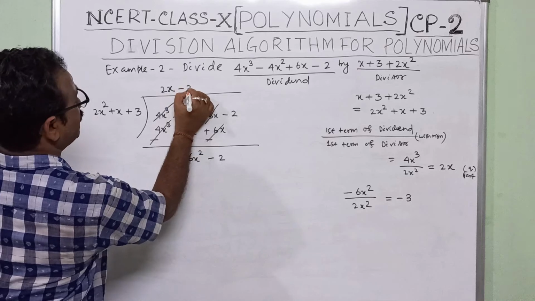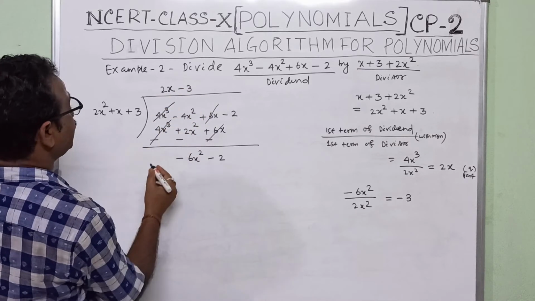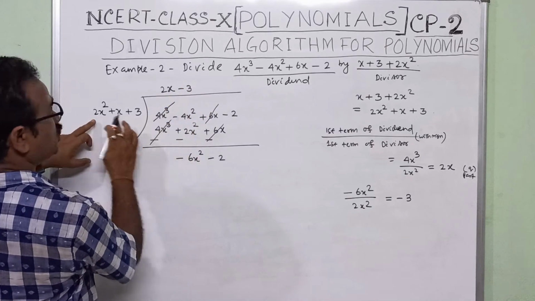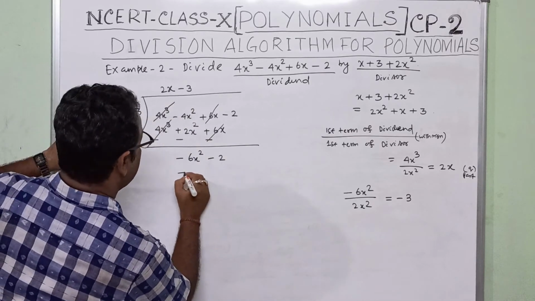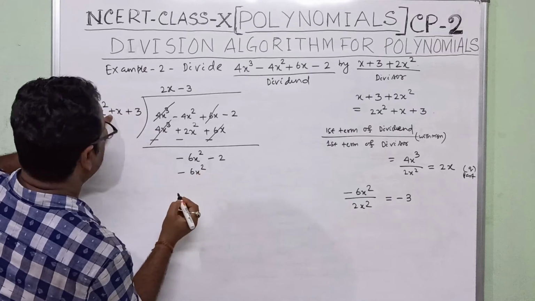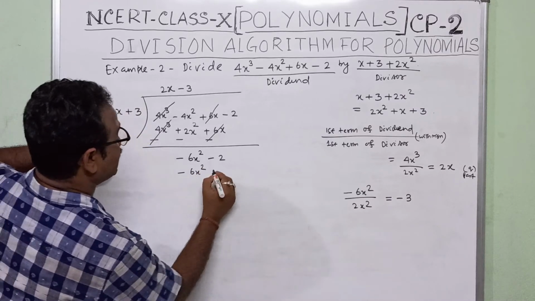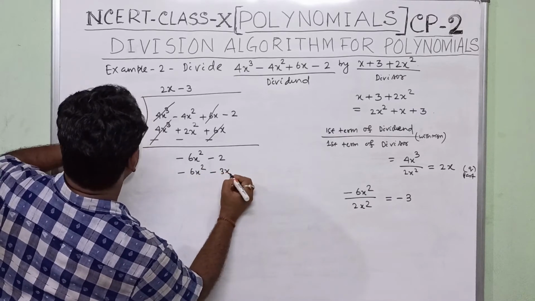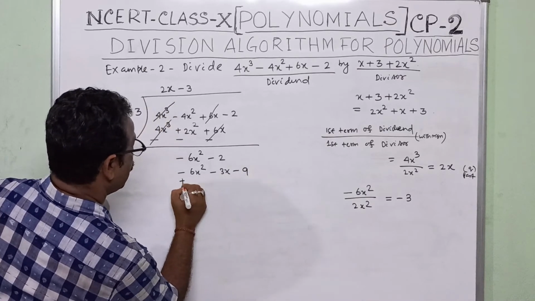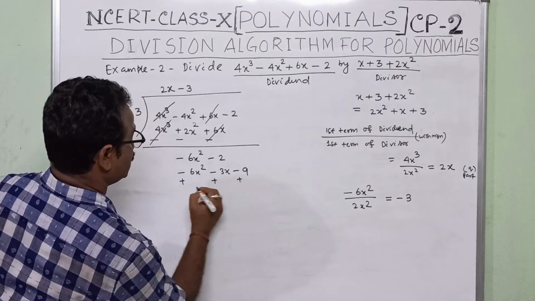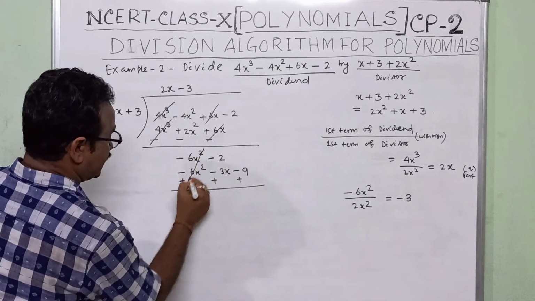So 2x minus 3. We are getting minus 3 into 2x square is equal to minus 6x square, plus minus 3 into x, minus 3x. Then minus 3 into 3, minus 9, plus plus plus. So now cancelled.